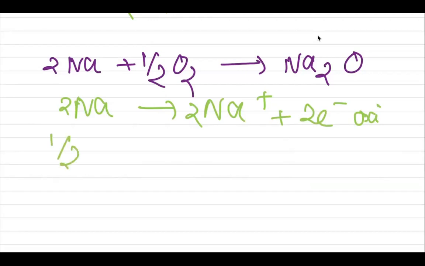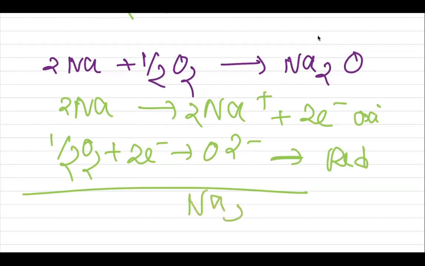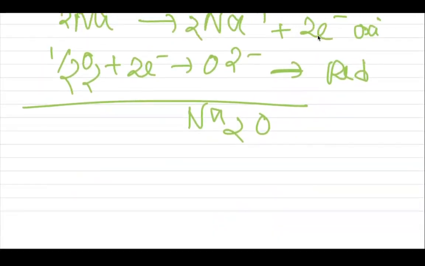And half O2 will gain 2 electrons and form O2 minus, and that process will be reduction. And it forms Na2O like this. Clear what is oxidation and reduction? Yes, miss.